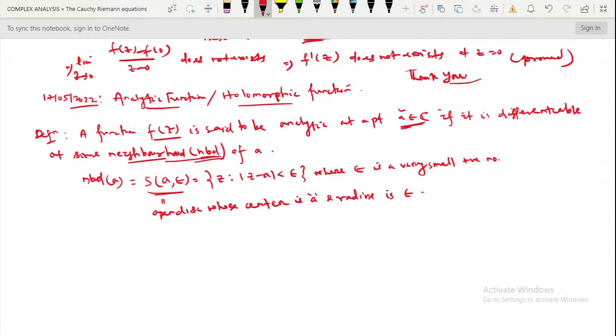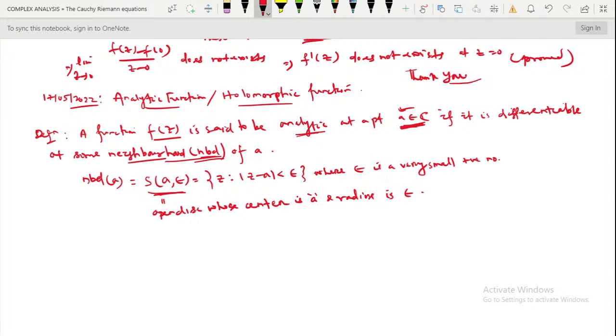So in this open disk, if it is differentiable, then we will say that f of z is said to be analytic at this point A. So this is the definition of analyticity at a point.